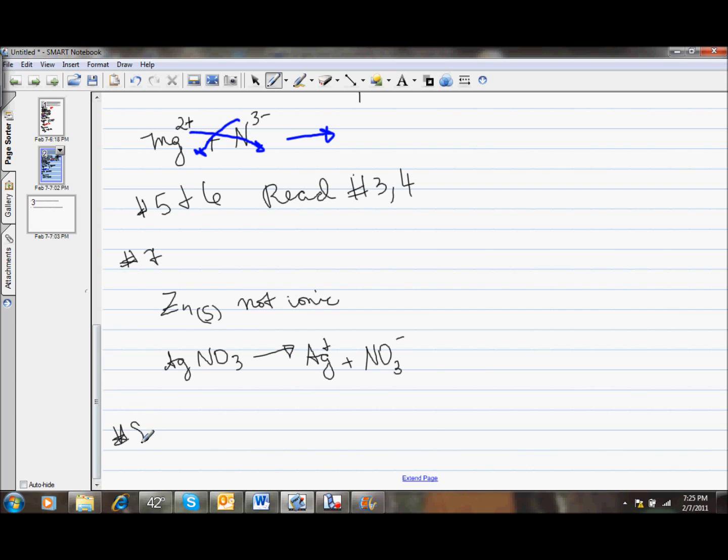On question number 8, now I'm going to finish up right here. Silver is an ionic compound, and if you look at your common cation and anion sheet, I'm sure you will see this polyatomic anion, and you should be able to determine your charge.